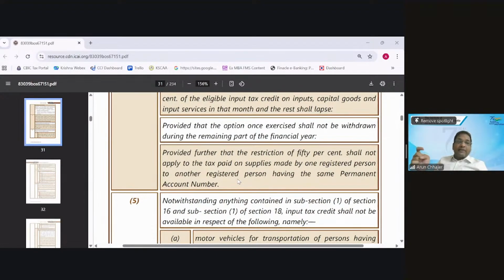I will get the benefit of input tax credit if it is for further supply; we'll discuss the proviso and explanation, multiple things. But prima facie, use in the course or furtherance of business is blocked in 17.5. Even if I use something for furtherance of business it is blocked, but if I use it for further supply then ITC ideally would be permissible. How it is permissible, we will read in the provision.